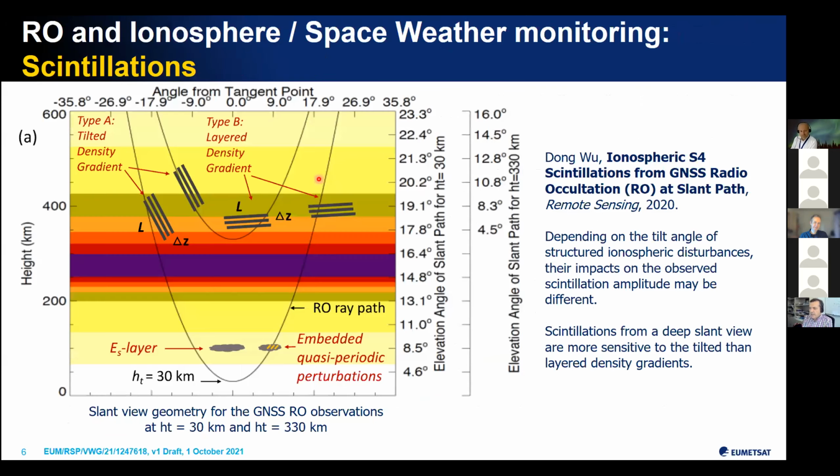In the next slide, we can consider one of the applications previously mentioned regarding space weather, which is scintillation. As it was shown in Dongu 2020, the observations of the radio occultations, which are quite long, extending over the targeted region, can be very sensitive depending on the relative orientation of the electron density patches.